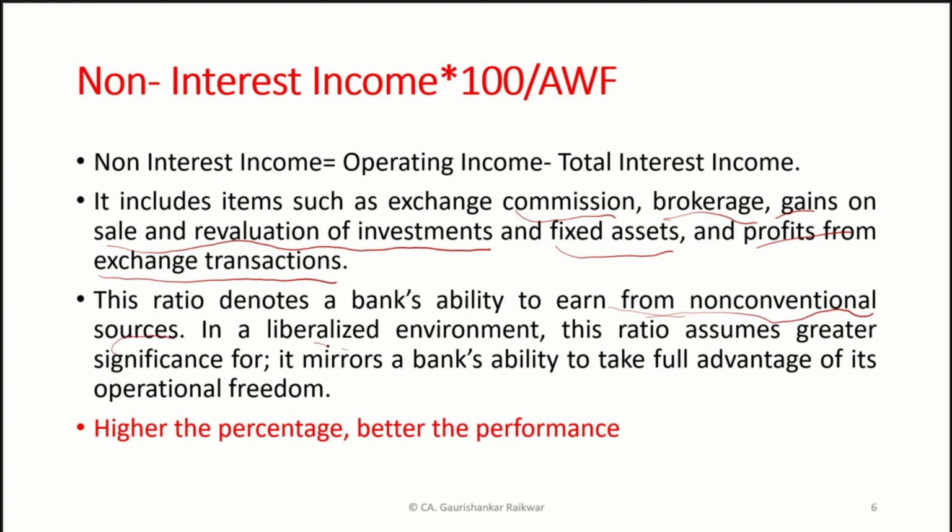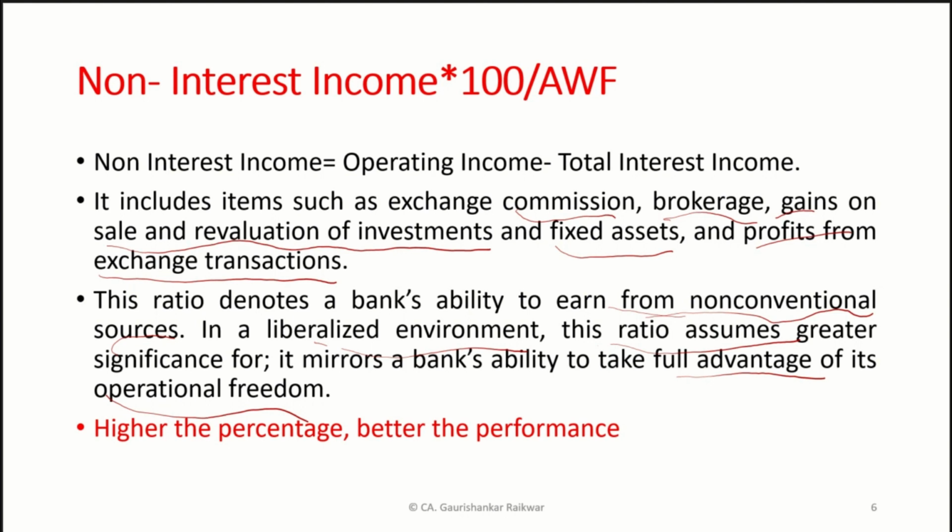In a liberalized environment, this ratio assumes greater significance, for it mirrors banks' ability to take full advantage of operational freedom. Though the primary business of a bank is to accept deposits and lend money to needy people, there are any number of avenues available as per the direction given by RBI.